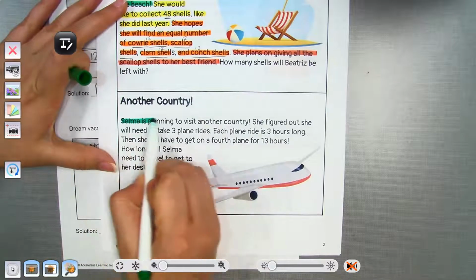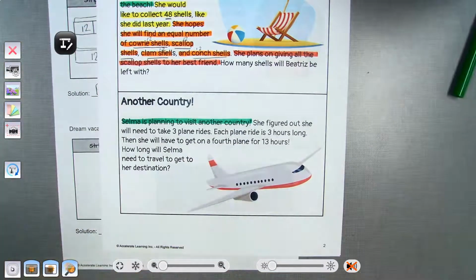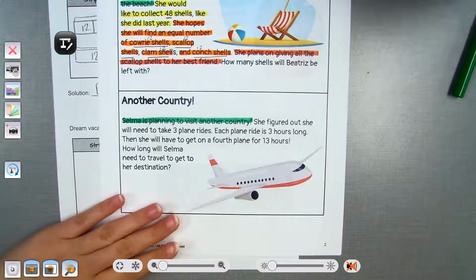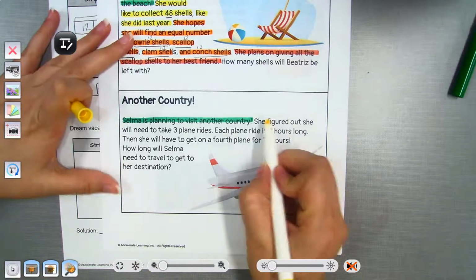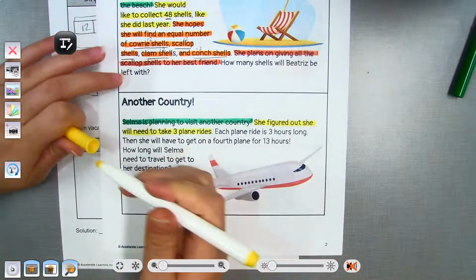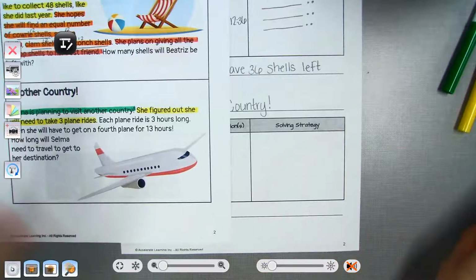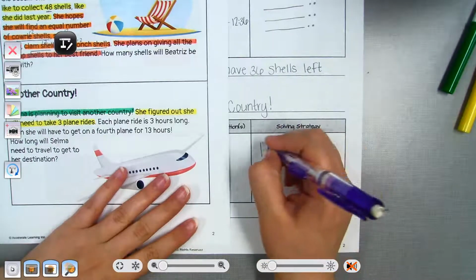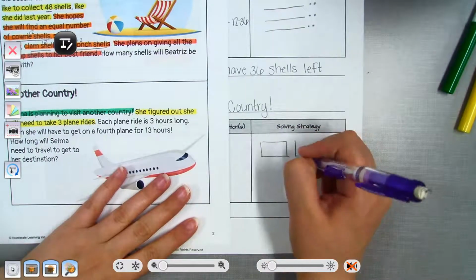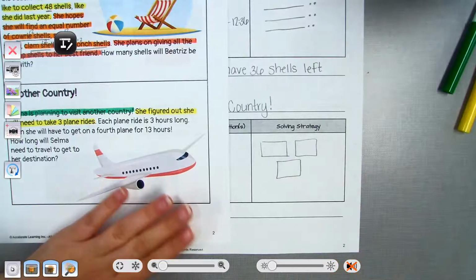Selma is planning to visit another country. That doesn't have any information we need for our problem. She figured out she will need to take 3 plane rides. Okay, so let's go ahead and draw a picture for that. So here's plane number 1, plane number 2, and plane number 3. Okay.